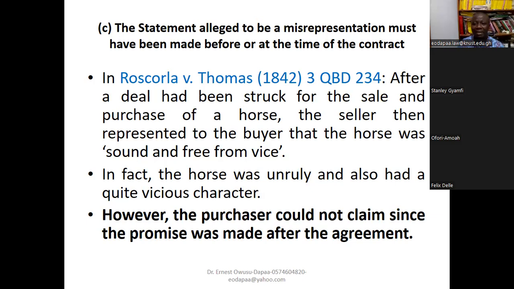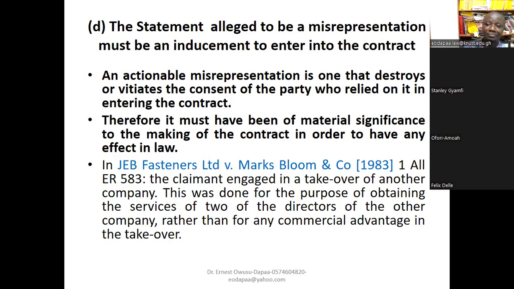And when the matter came to court, the court held that the claim of the purchaser would not succeed because the statement or the promise regarding the quality of the horse was made after the agreement and not at the time of making the agreement or before the agreement was made. For that matter, the crucial element that the statement which will give rise to misrepresentation must have been made before or at the time of the contract had not been satisfied. So let us keep that in mind.